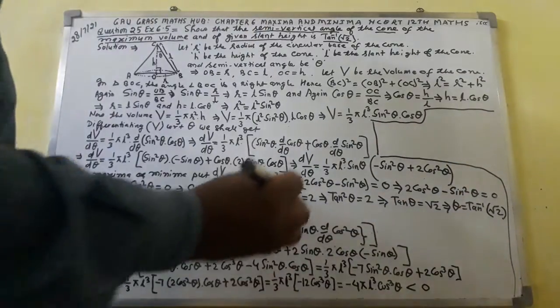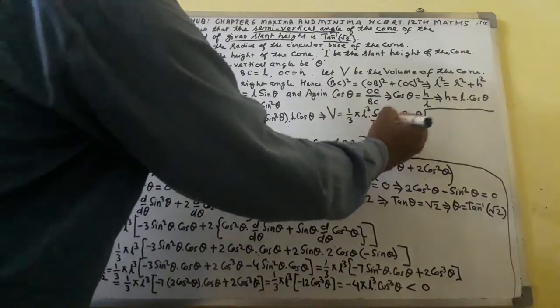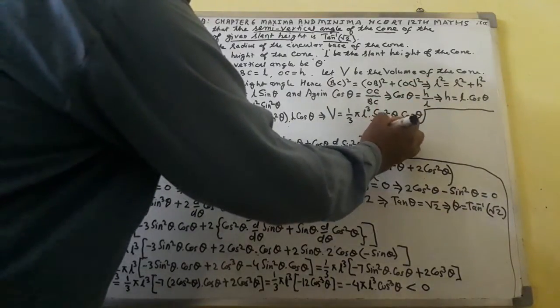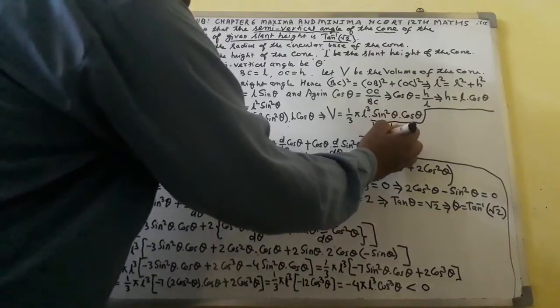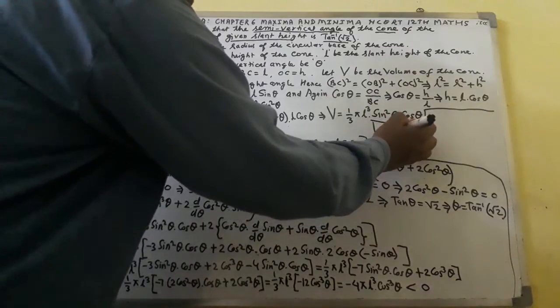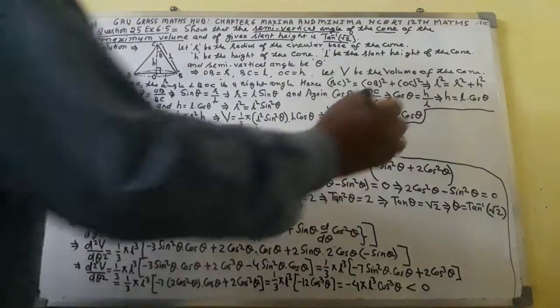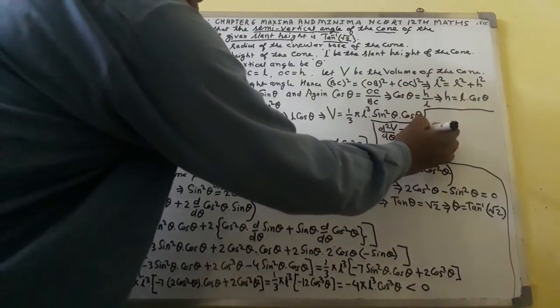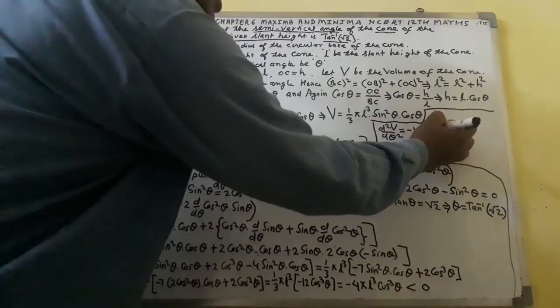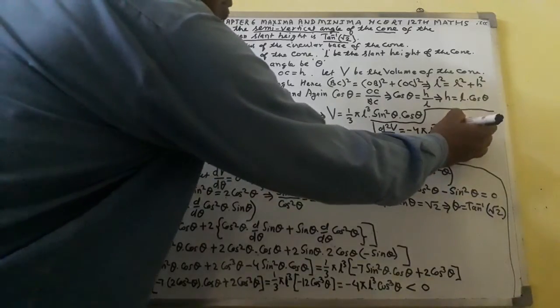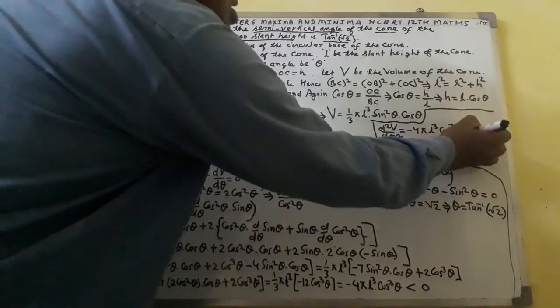So here you have got d square v over d theta square equal to minus 4 pi L cube cos cube theta less than 0.